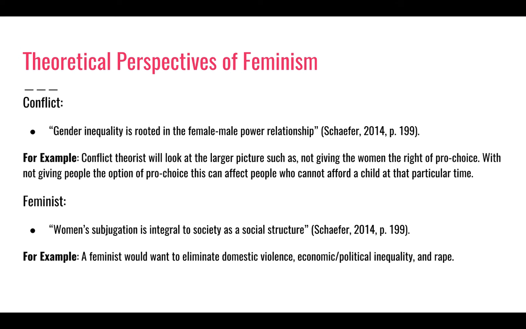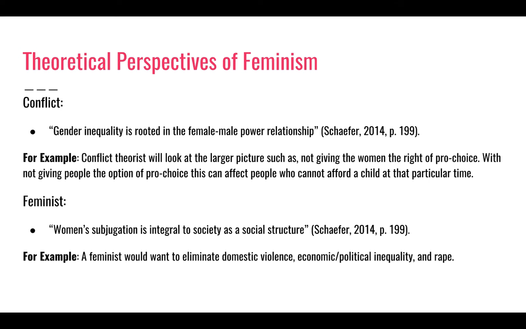Now, I will describe feminist. The textbook states that women's subjectification is integral to society as a social structure. Also saying, a significant component to the conflict theory is this very feminist theory.